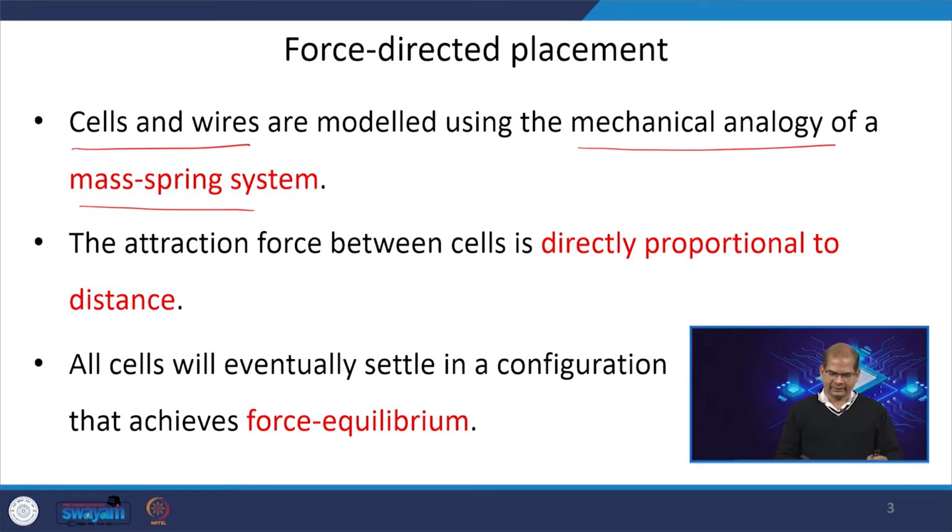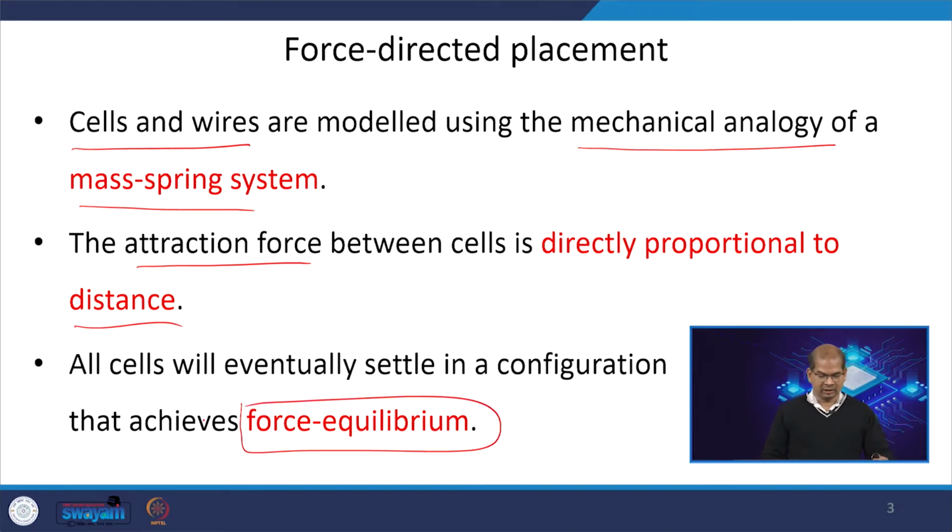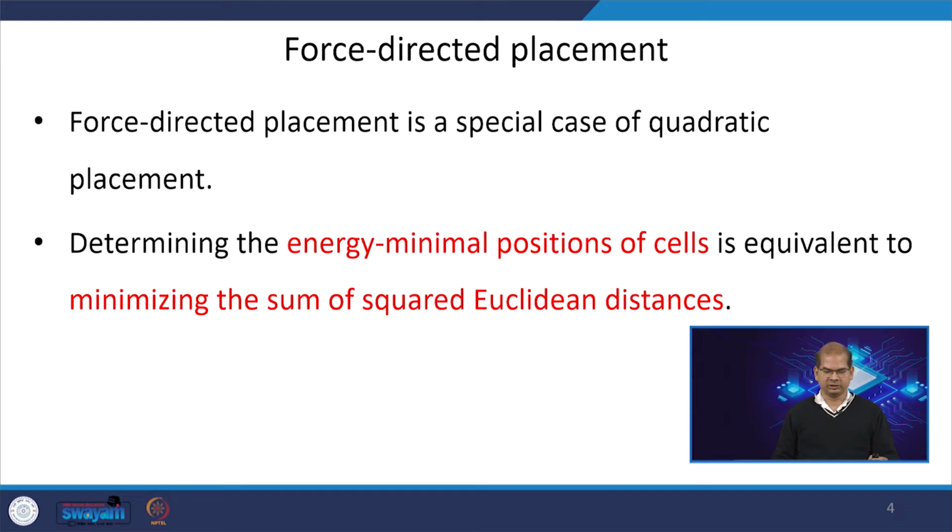Let us say I have a spring connected with a mass; that attraction force is directly proportional to the distance. If you analyze that system, finally it will settle to an equilibrium position, which is the force equilibrium position. Finally, all the cells eventually settle to a configuration called the force equilibrium position.